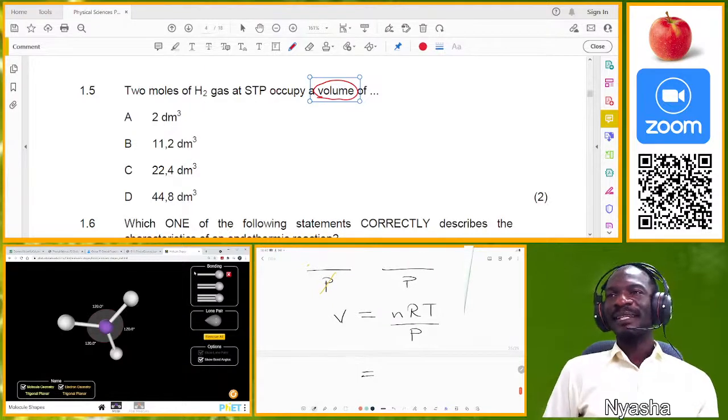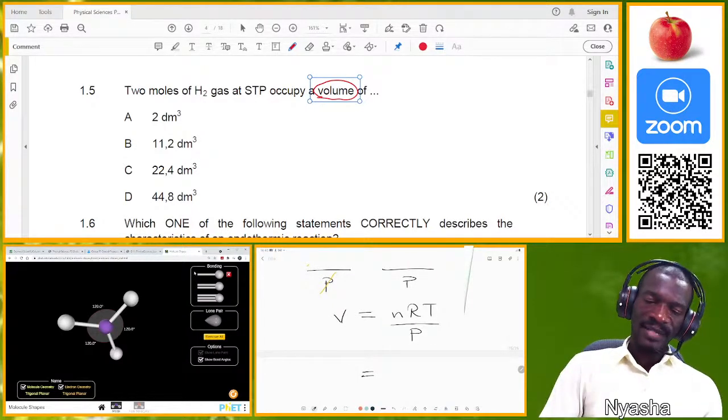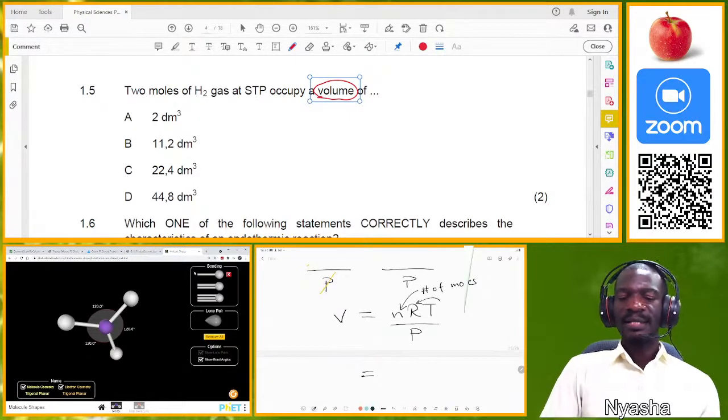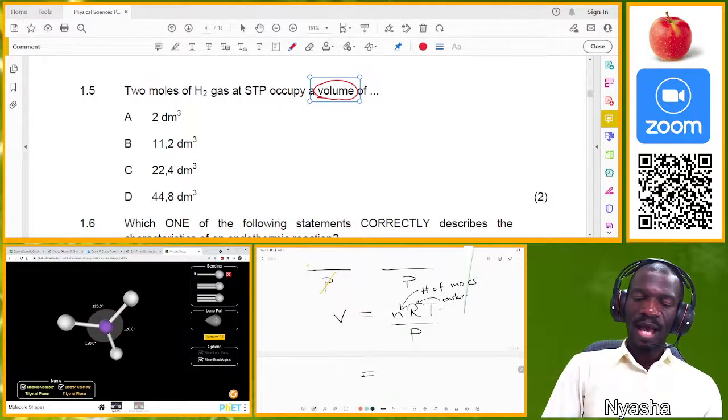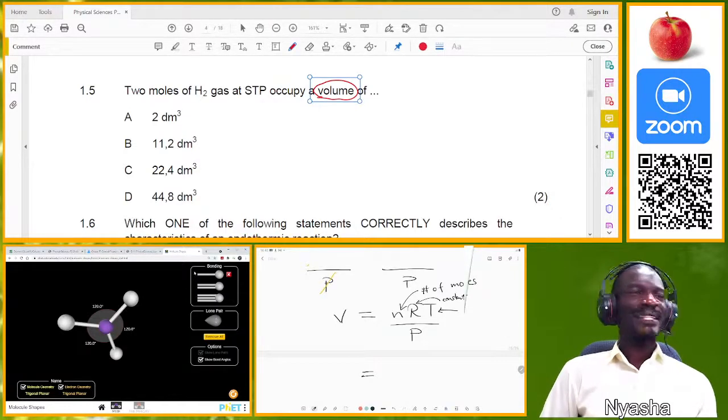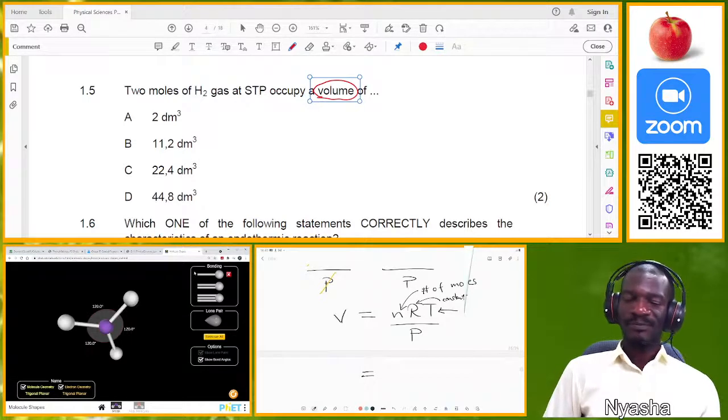What is n representing? n represents the number of moles. R is your universal gas constant, so that one is a constant. How about the temperature? When we are talking standard temperature and pressure, what value is the temperature?